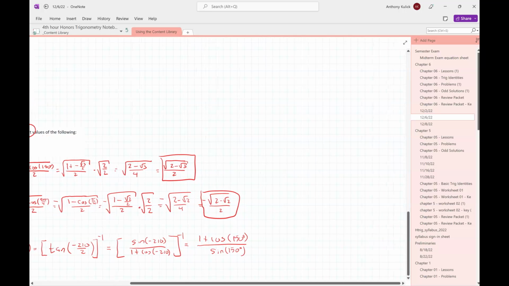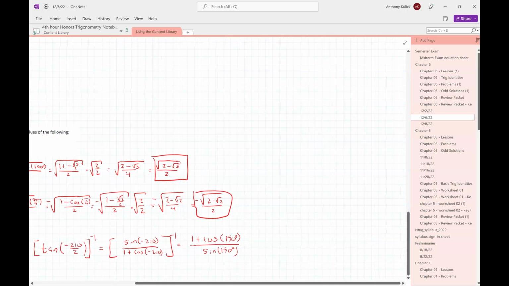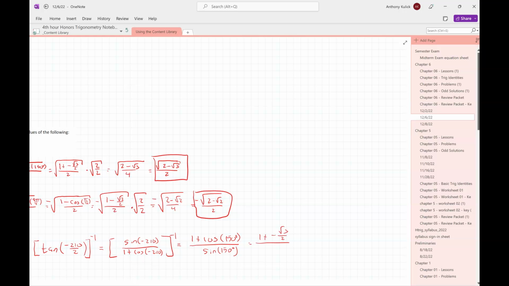So I dropped that negative 1 exponent because I did the reciprocal. Cosine of 150 is negative root 3 over 2. Sine of 150 is 1/2. Multiply the top and bottom by 2 over 2, and I get 2 minus root 3.